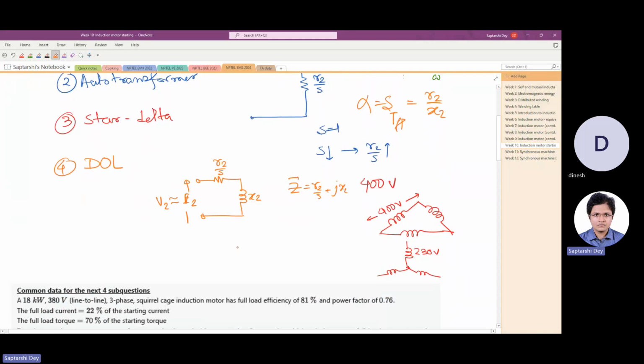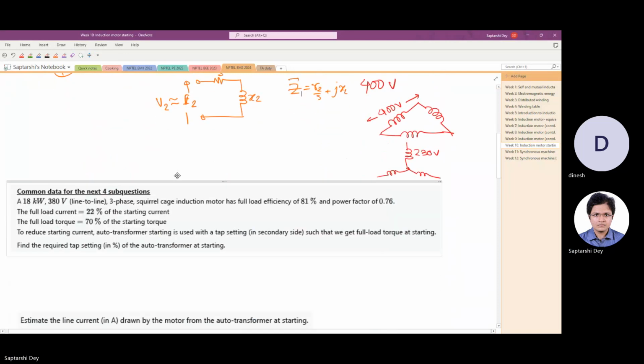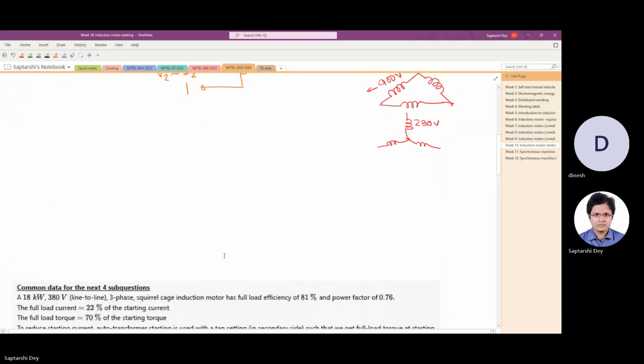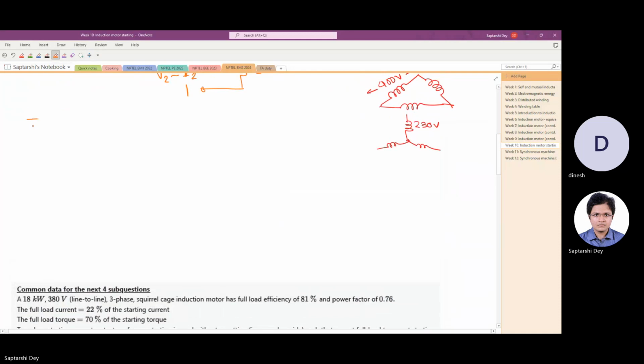Now what you have is the torque. Torque, we know, is air gap power by omega S. So what is air gap power?